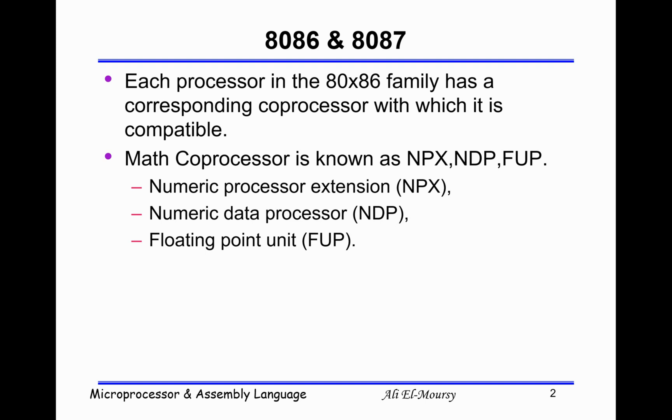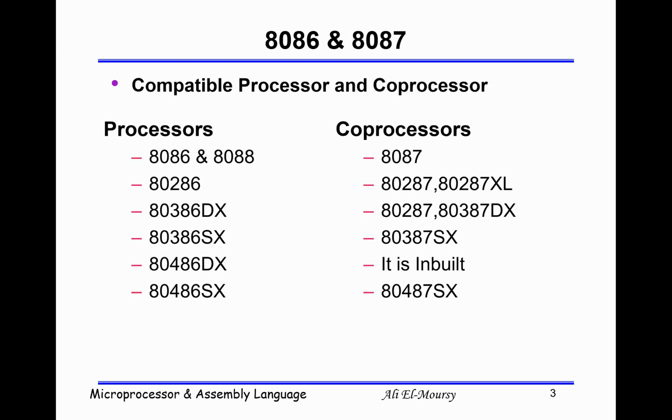The main processor that goes through the cycle of fetch, decode, execute, as we explained in the early lectures of the microprocessor class, is the 8086 or the x86 processor. But this is a supportive processor, a coprocessor, that helps the main processor.